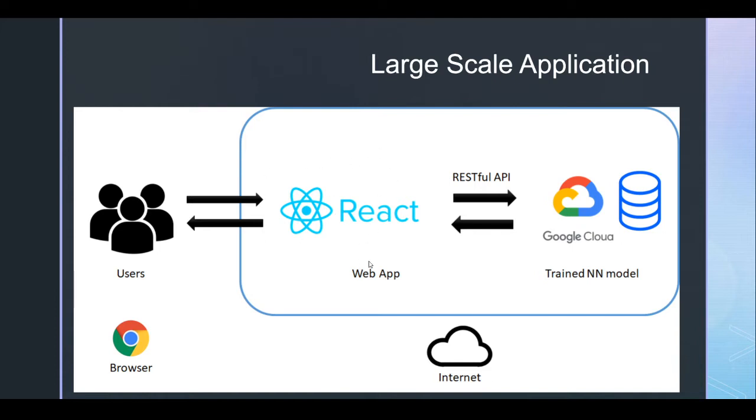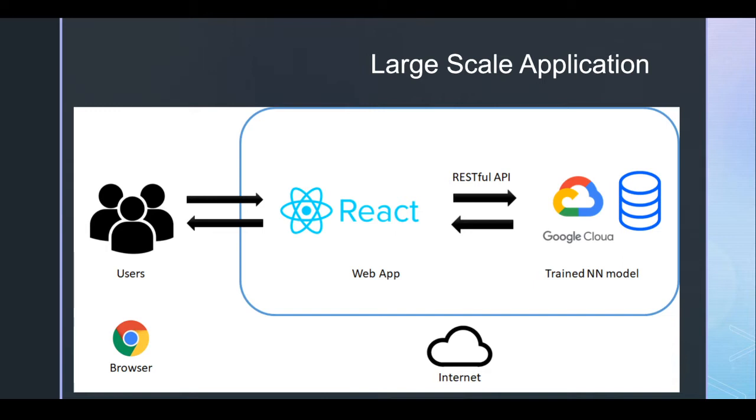The front end is the part that users have in their browsers, and the other part that we call the backend is the one that is stored in computers or servers away from the user, and they communicate through a RESTful API.